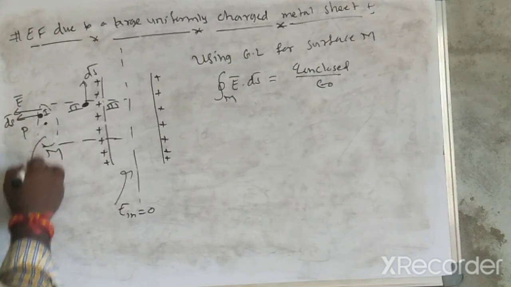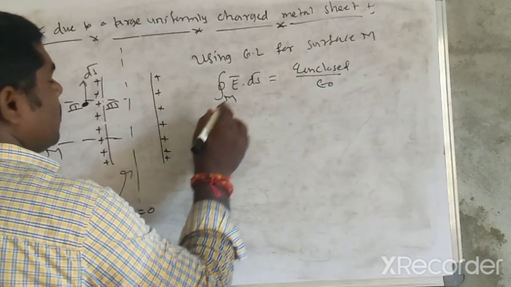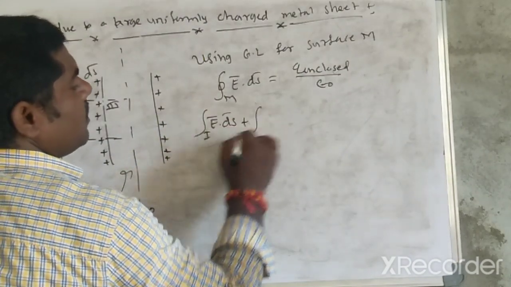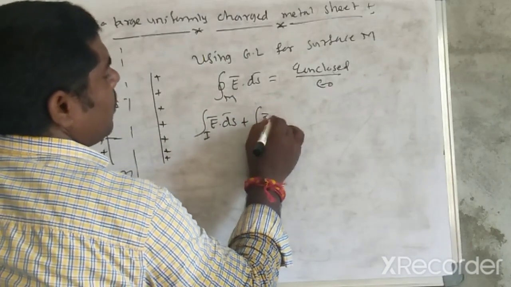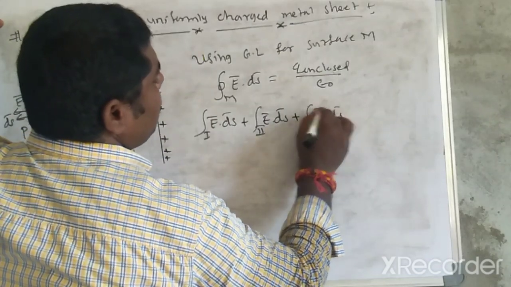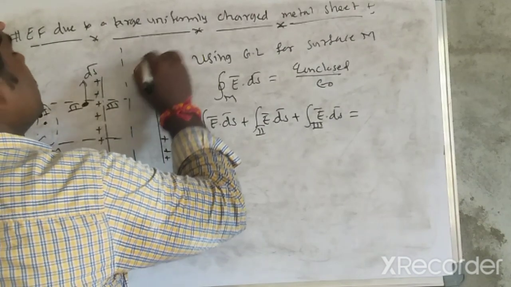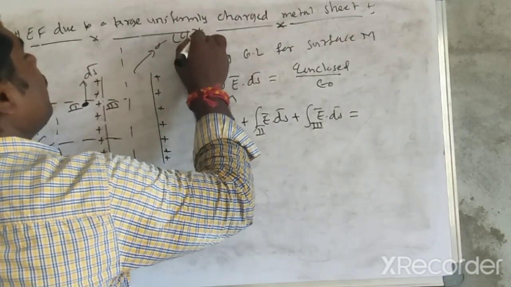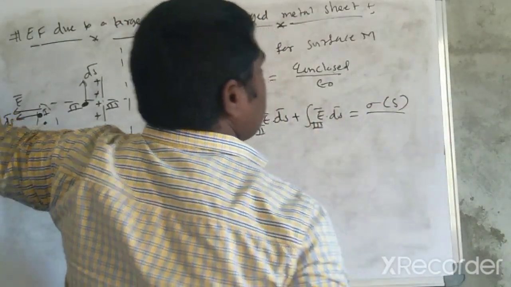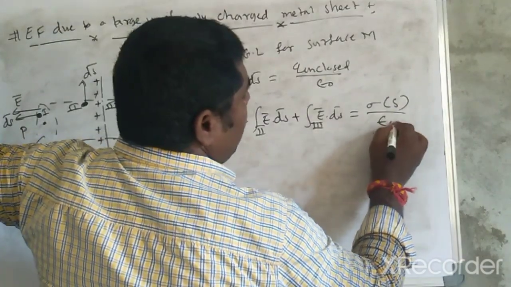Let us consider this area S. Here also there are 3 terms: first surface electric field into ds bar, plus second surface electric field into ds bar, plus third surface electric field into ds bar, is equal to Q enclosed. Here the charge density sigma is coulomb per meter square. Charge enclosed is charge density into area, sigma into S, divided by epsilon naught.